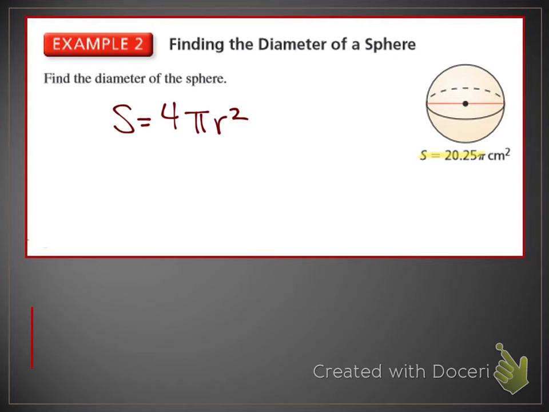We can use 20.25 pi to find the radius. So we're going to plug the surface area in for S. So 20.25 pi equals 4 pi r squared. So I want to solve for r. How do I get r squared by itself first? Correct. Divide by 4 pi.